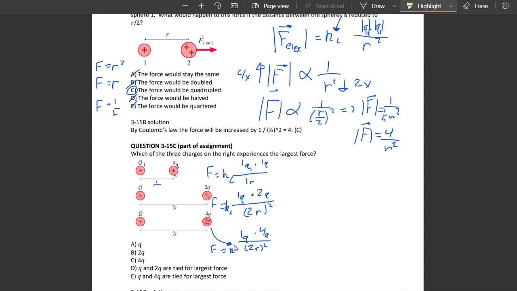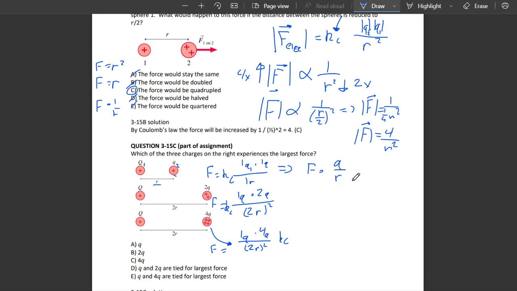So the force would be equal to Kc times charge 1 times charge 2. So charge 1 has that positive 1 charge, and charge 2 has a positive 4 charge, divided by the distance squared. So if we were to simplify this, we see that the force acting between these particles is equal to q over r.